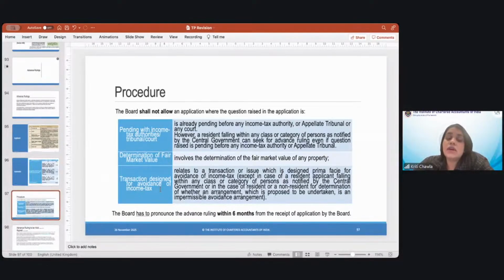And finally, if you feel that there is a transaction which is prima facie designed for the avoidance of income tax, then also they will not allow an application. Even if the application is accepted, the board will have to pronounce the ruling within a period of 6 months from the receipt of that particular application.